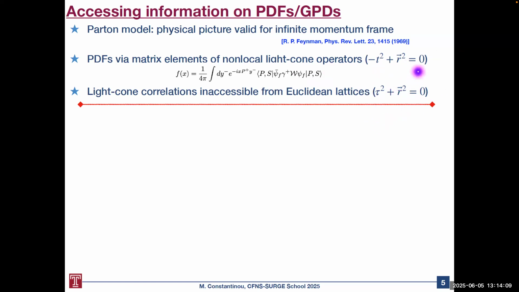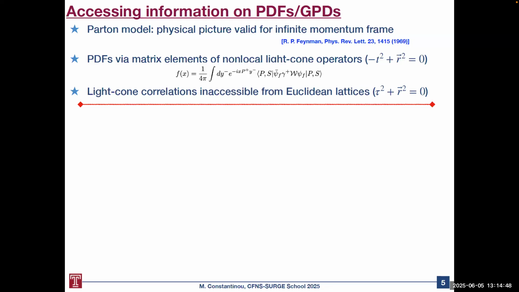And what one notices is that while here you have a range of points that correspond to different values of t and r, when you go into Euclidean space, because of the plus here, the only coordinate that satisfies this relation is basically the trivial one. There is only a unique point. So these light-like lines just become one point, and therefore we cannot study distribution functions on a Euclidean lattice because we cannot access the light cone.